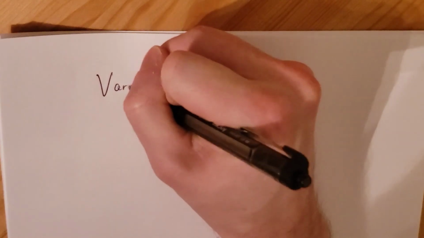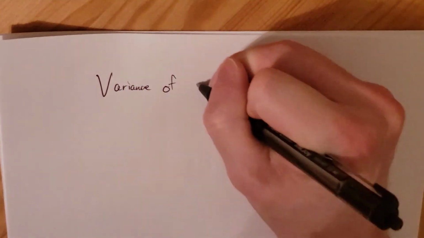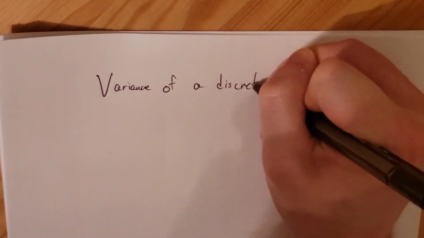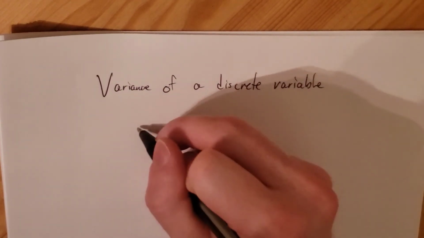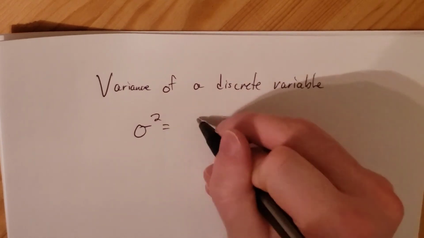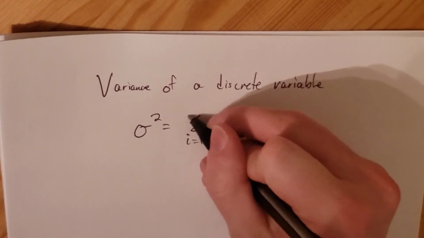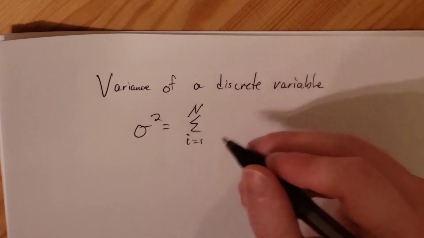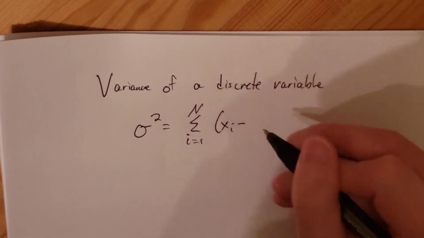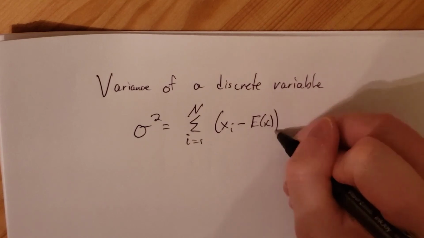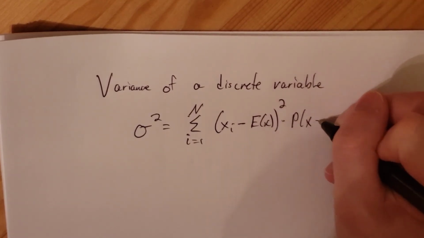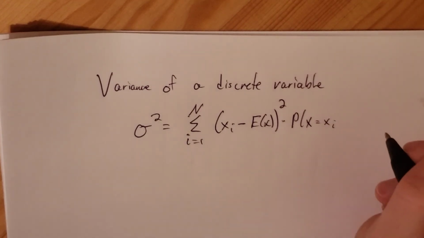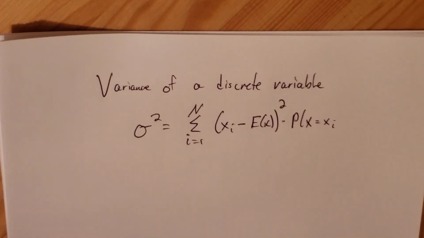So the variance of a discrete variable is sigma squared equal to the summation from I equals 1 to capital N of x sub I minus E of x, squared, times the probability of x equal to x sub I. And this is our variance.